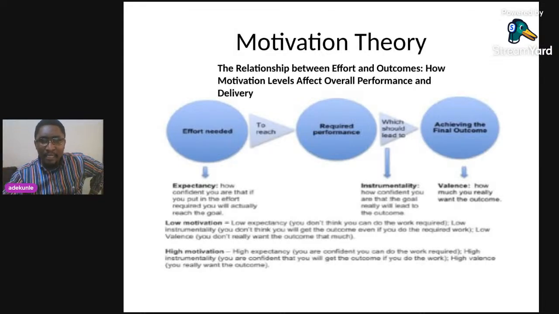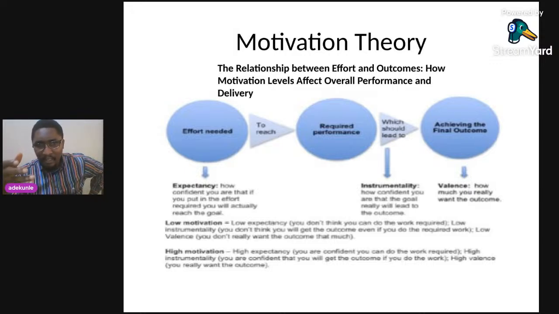If you look at motivation theory, these are some of the theories we have, as you can see on the chart on the screen. From expectancy, what you want to reach requires performance, and you achieve it. These three major processes are the relationship between effort and outcome.